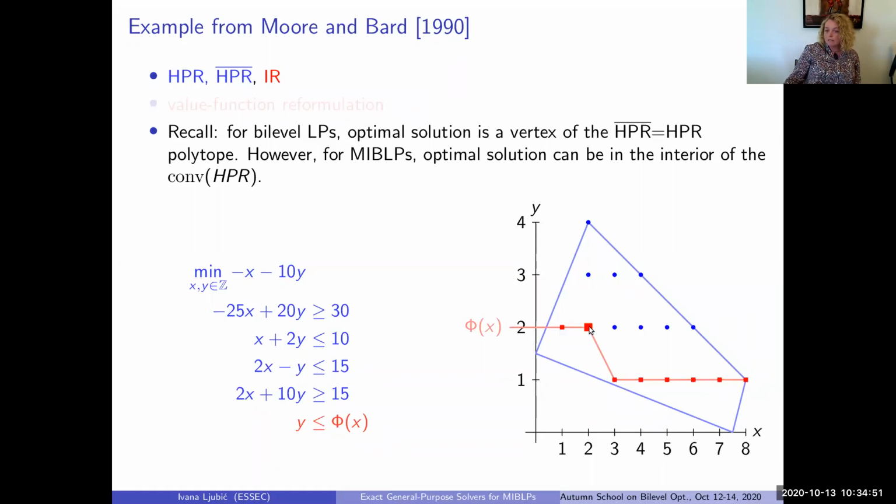So among these, how many points do we have? 8 points. If we evaluate the objective function, we will figure out that for x equals 2 and y equals 2, the objective is minus 22, and this is the optimal solution. So it is not even a vertex of the convex hull of the HPR relaxation, where we look at the integer coordinates or integrality constraints in the HPR.